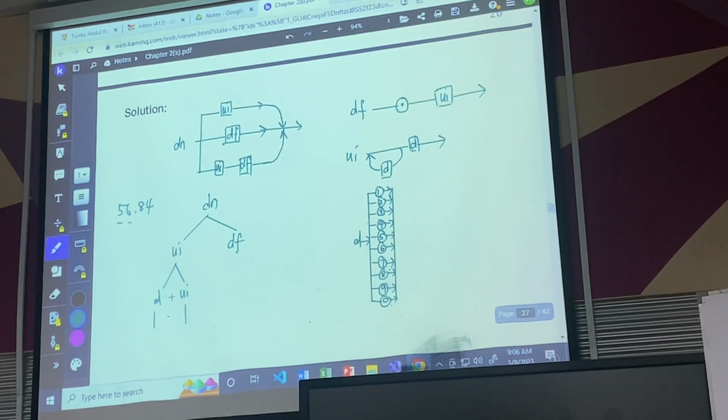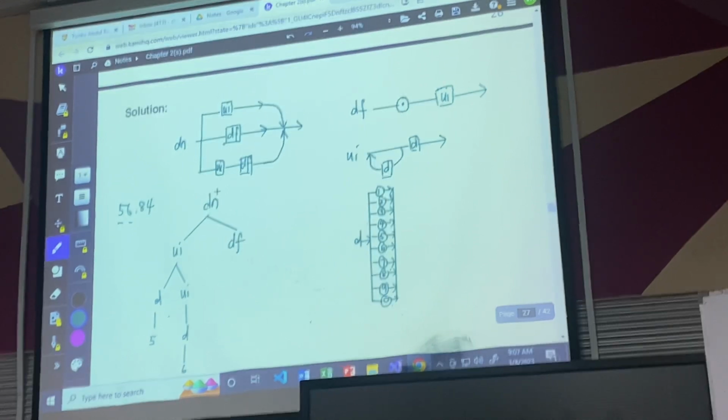Then from here, the digit we can substitute with 5. The unsigned integer we can substitute with digit, so now we get 56 already, right? The digit substitute with 6 here, but before that you need to substitute the digit from the unsigned integer first.